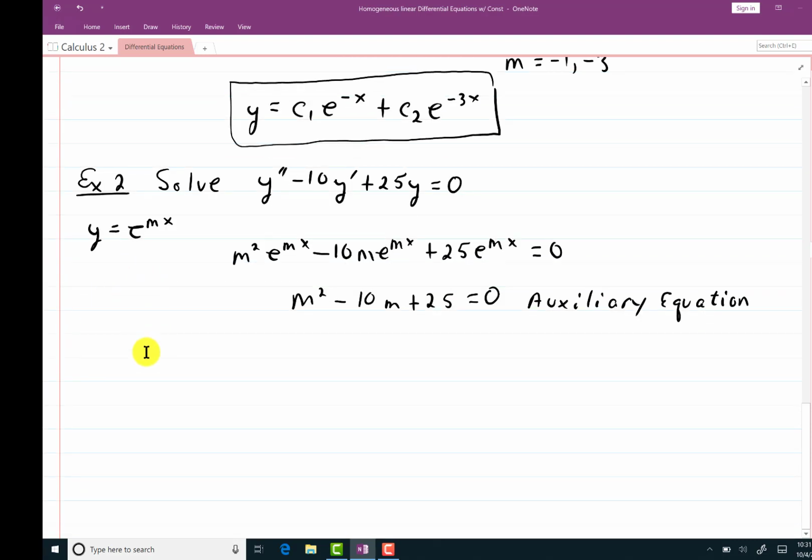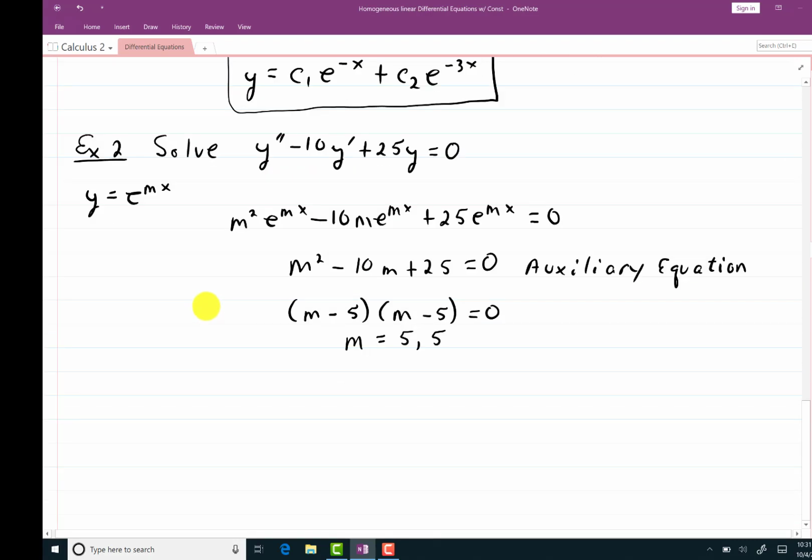Here, we have m minus 5 times m minus 5 equals 0. And so we get m equals, now this is a repeated zero, so we have m equals 5 and 5. Now remember, these things usually have two linearly independent solutions.